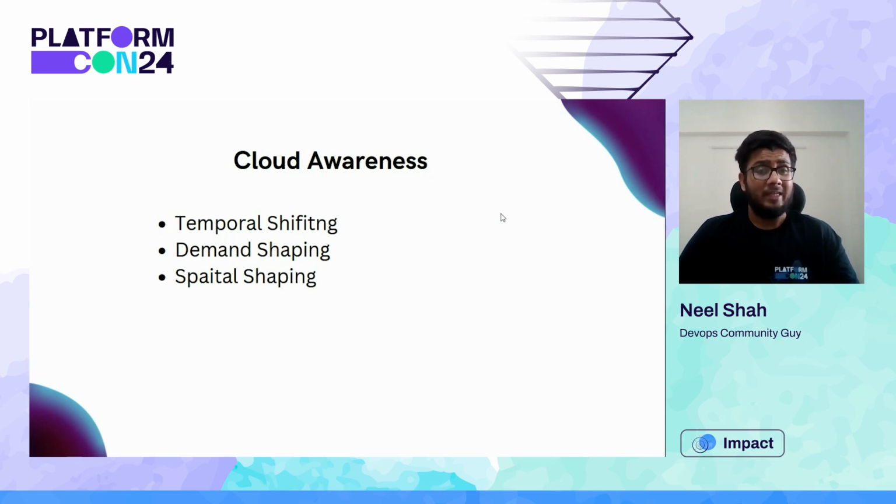Next comes spatial shaping. One of the good things is, let's take an example of how the load balancer works. If the user is in the US region, then the load balancer will get the resources from the app or website deployed in the US region directly, not from another region like Asia Pacific.